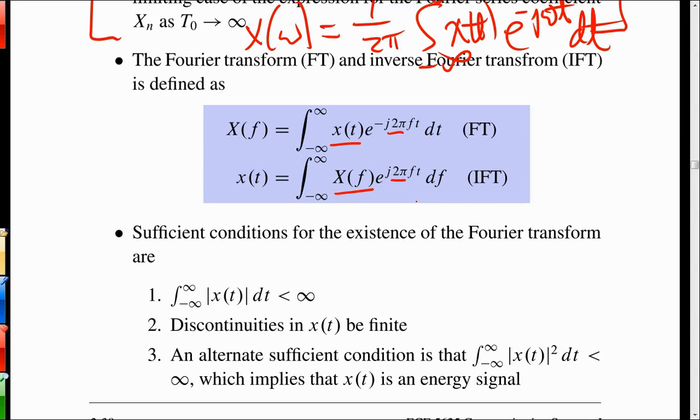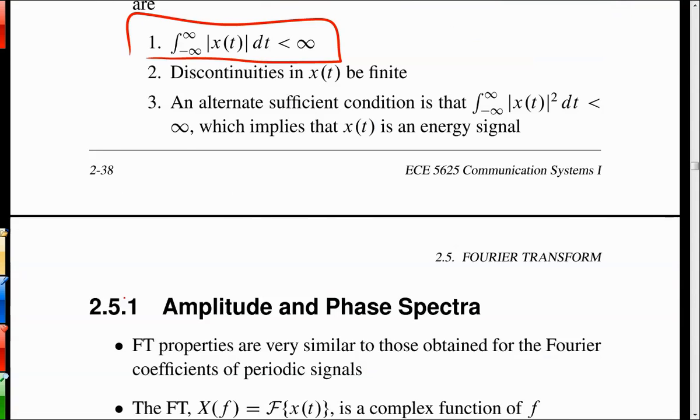So the primary condition for the existence is that the energy, or the absolute area, I mean, of the signal being transformed is less than infinity. And obviously periodic signals don't meet that condition, but we're going to make an exception using this technique called Fourier transform in the limit.